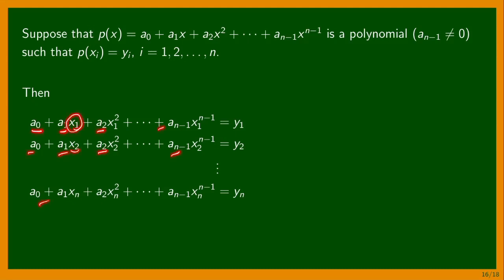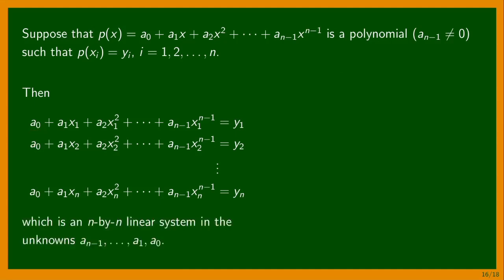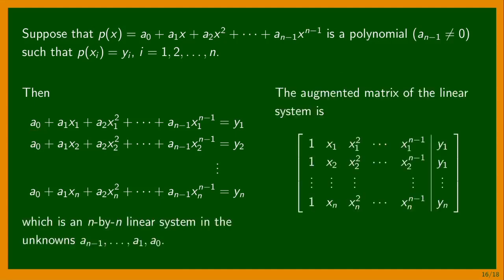The x sub 1, x sub 2, x sub n in this system of equations are actually constants, given constants. So, we don't ignore the exponents. These are just linear equations. The unknowns are the a's, no? The constants are the x's and the y's. In terms of augmented matrix, ito yung kanyang augmented matrix, no?